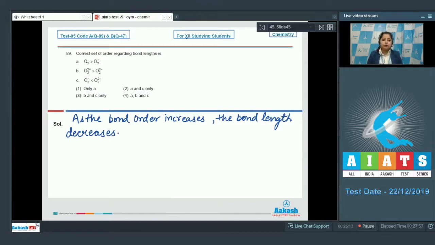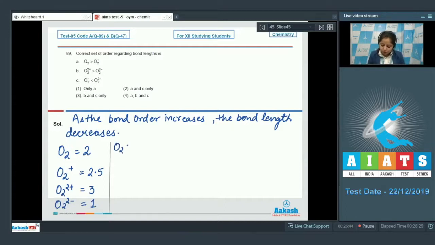So, we need to calculate the bond order of the given species, which we can calculate using molecular orbital configuration. I am writing the bond order. The bond order of O2 is 2. The bond order of O2 plus is 2.5. The bond order of O2 2 plus is 3. The bond order of O2 2 minus is 1.